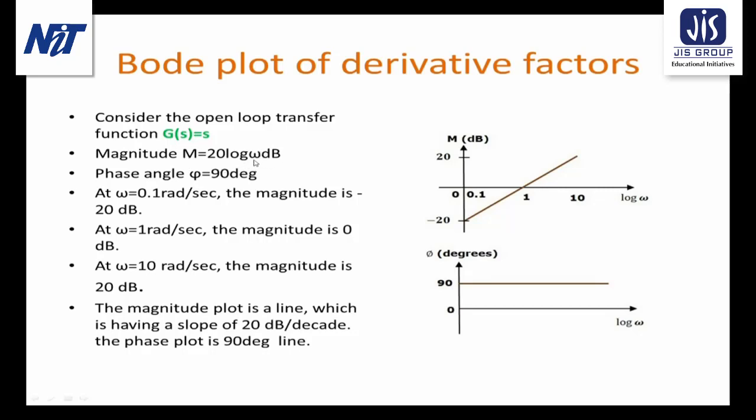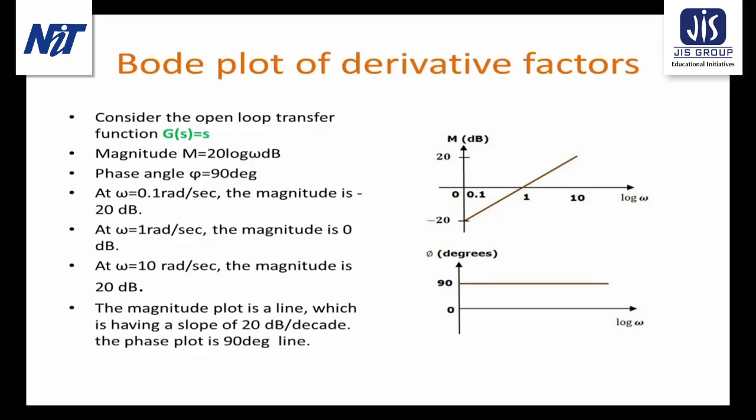So if we vary the omega values, then we will get the different magnitude curves. But the phase angle is only 90 degree. So the phase angle curve will only be a straight line irrespective of the value of omega. So it will always be 90 degree, that is the parallel straight line with respect to this reference 0 degree line.